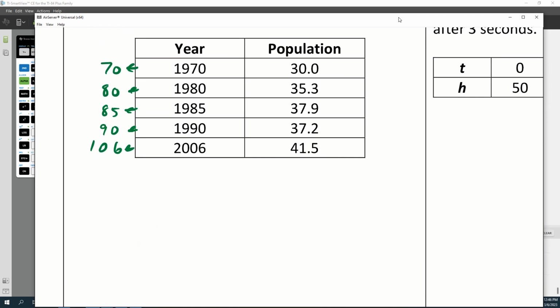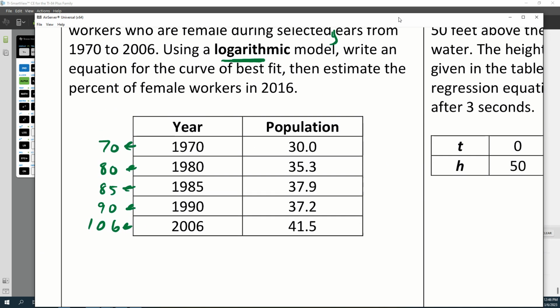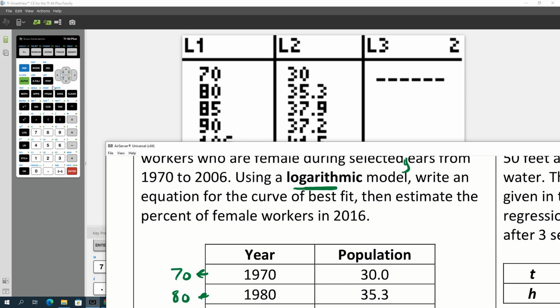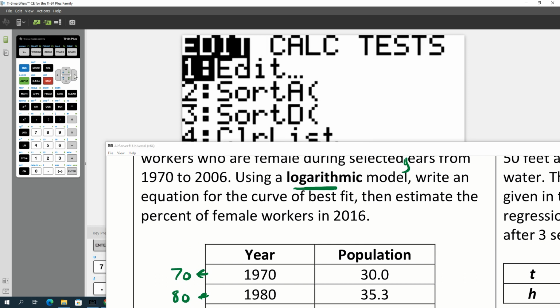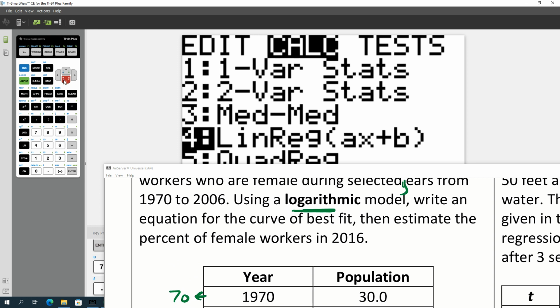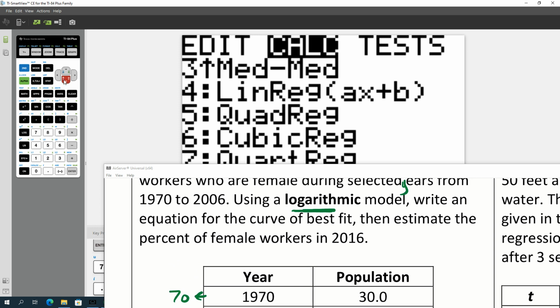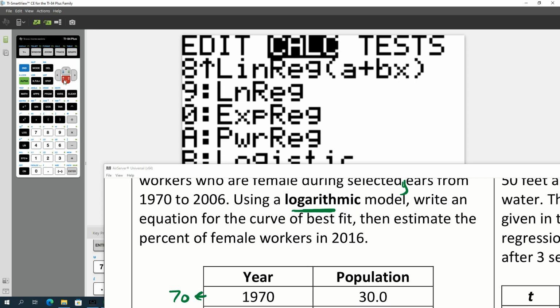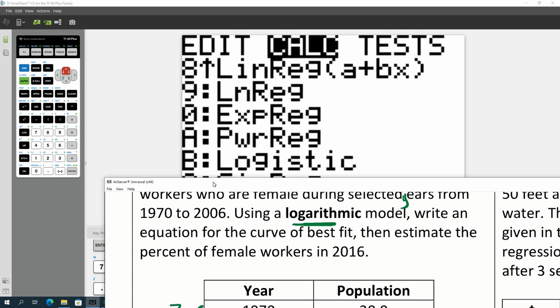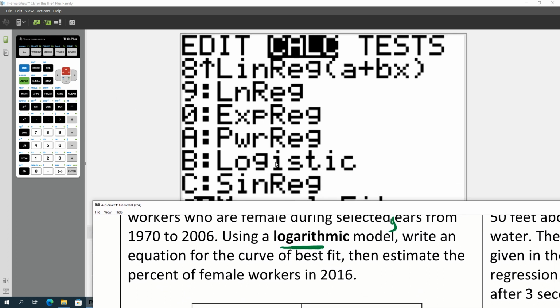And we know that this is going to be logarithmic, so we don't have to look at the scatter plot to figure it out. So what we'll do is we'll go back to stat, over to calc, and then let's find logarithmic. People get confused and think logistic is logarithmic.